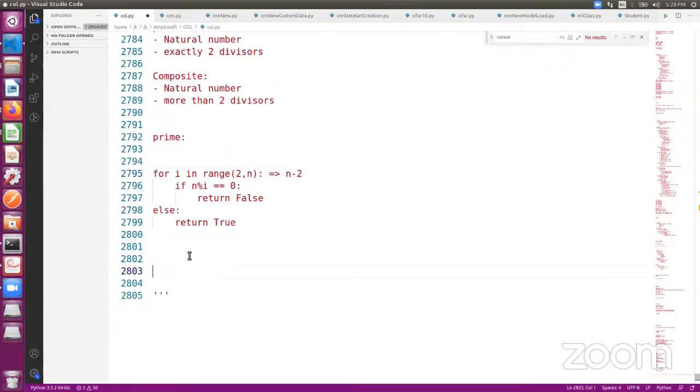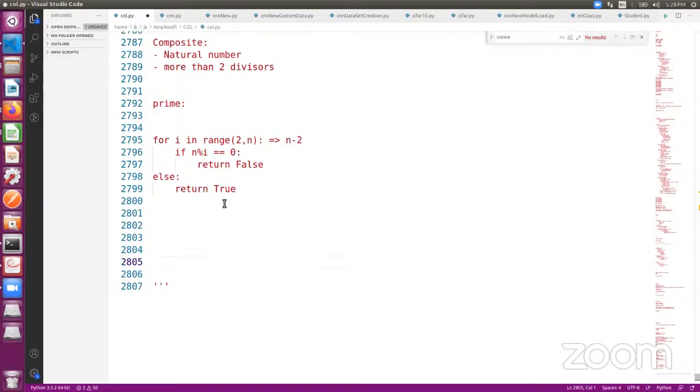Now let us try to reduce this n minus 2. The next constraint we're going to take is: if you take any number, is there any number between n by 2 and the number minus 1 which will divide that number? To be more clear, take the number 20. What is 20 by 2?